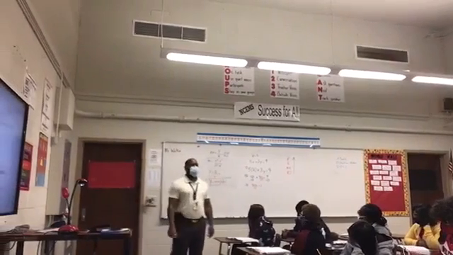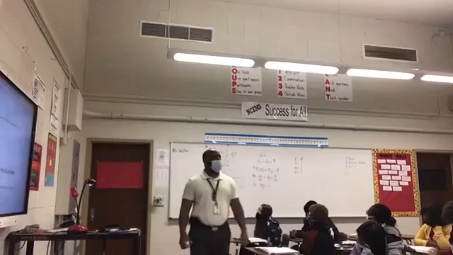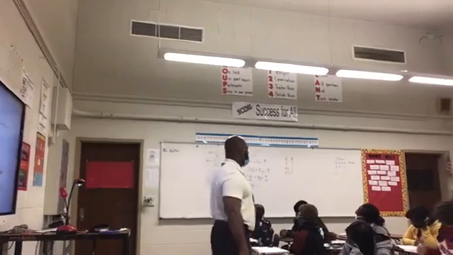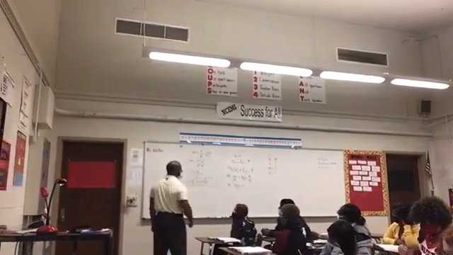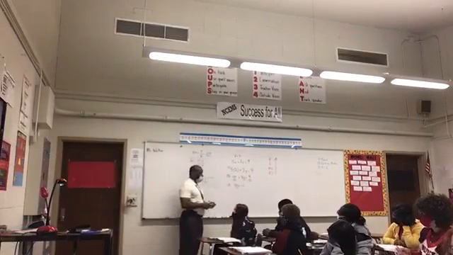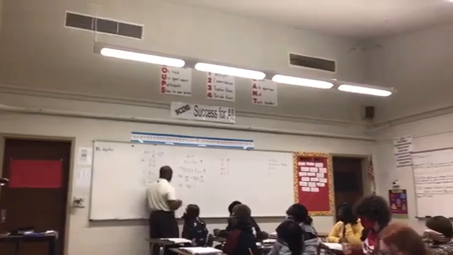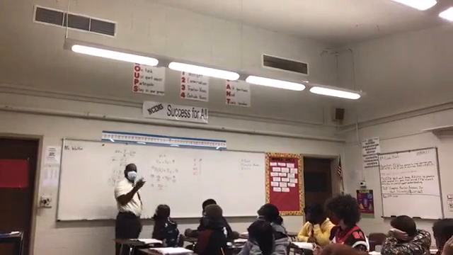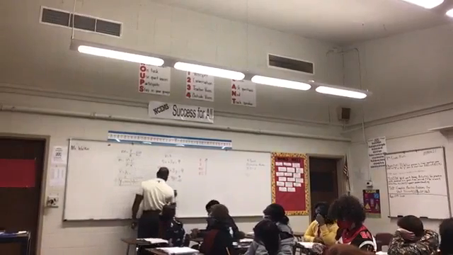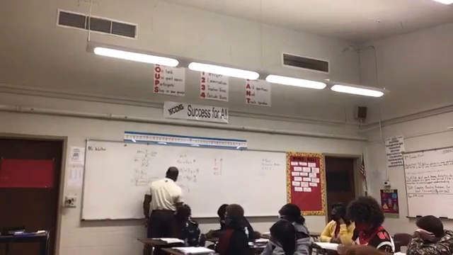What operation is that, 3 written beside y? Good, multiplying. So in order to get the 3 away from the y, what do we need to do? Good, we need to divide. Divide both sides by 3.